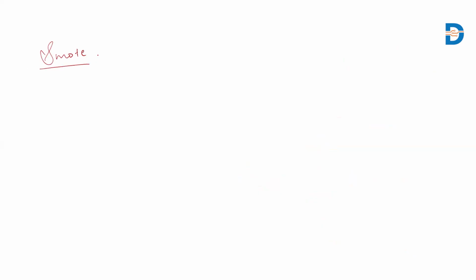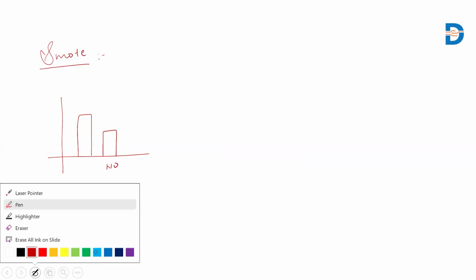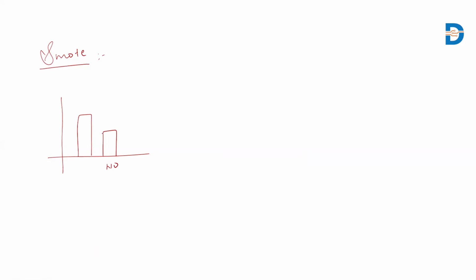What does SMOTE stand for? SMOTE stands for Synthetic Minority Oversampling Technique. What it does is go to the minority class, which in our example is the no class, start to generate synthetic data, and make it equal to your majority class.